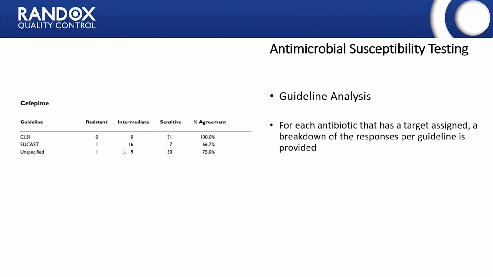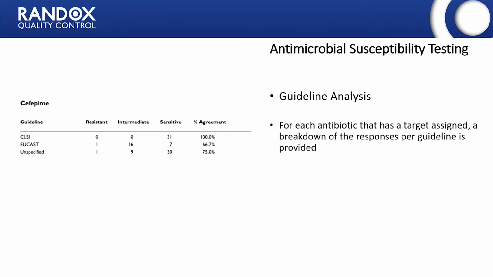Here you can see there's quite a significant difference between the CLSI and the EUCAST guidelines, where the CLSI are saying that the microbe is sensitive to the antibiotic, whereas the EUCAST guidelines are saying that it's actually intermediate.